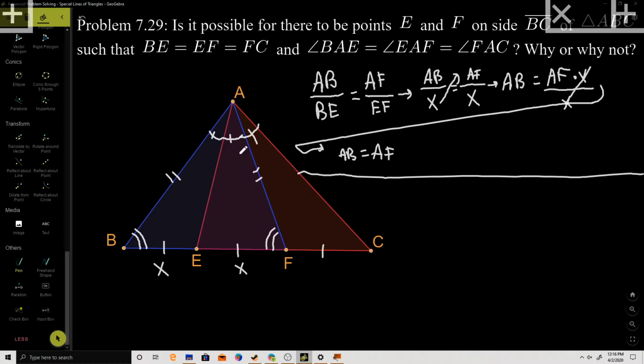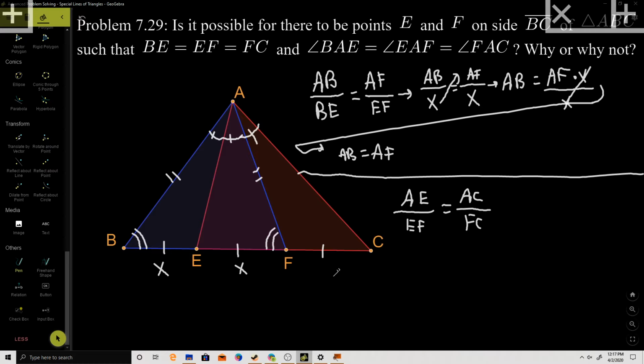So, applying the angle bisector theorem to triangle AEC, we have AE over EF is equal to AC over FC.